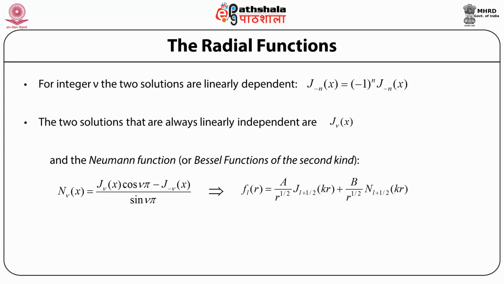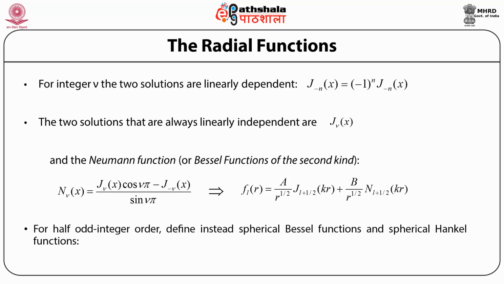So this implies that f_l(r) equals A divided by r raised to the power half times J_(l plus half)(kr) plus B divided by r raised to the power half times N_(l plus half)(kr).